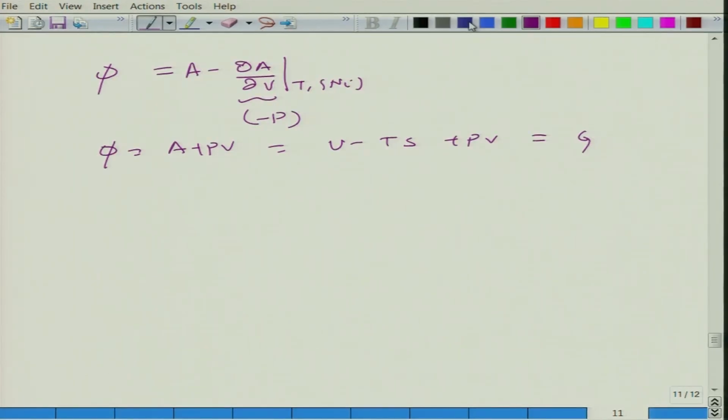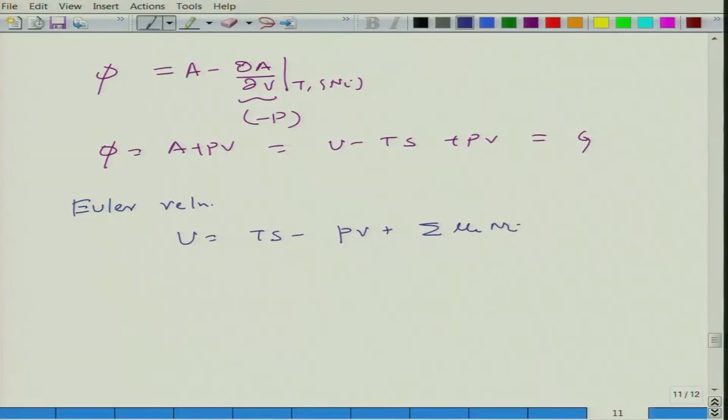If you recall your Euler equation, this is an interesting aspect here. It was u is equal to T s minus P v plus summation mu i n i, using the extensivity of the thermodynamic function. So, we obtained this relation, if you recall. Now, you can extend this relation to the different thermodynamic functions which we just derived.